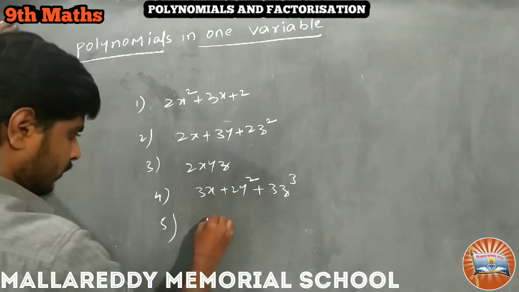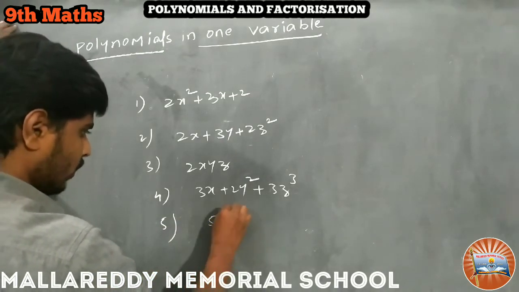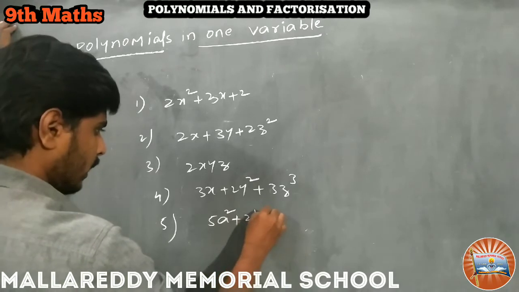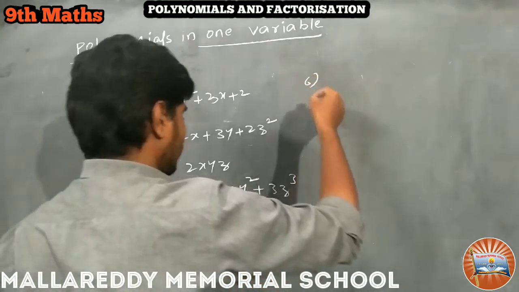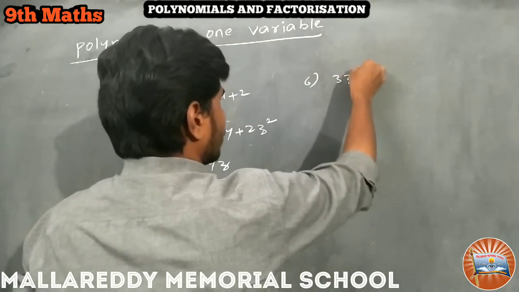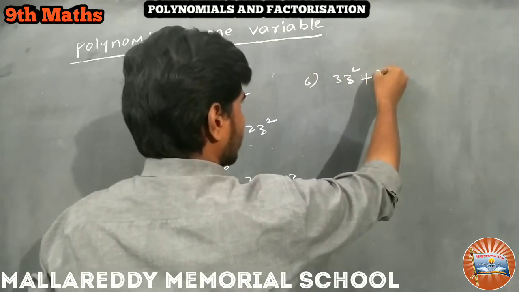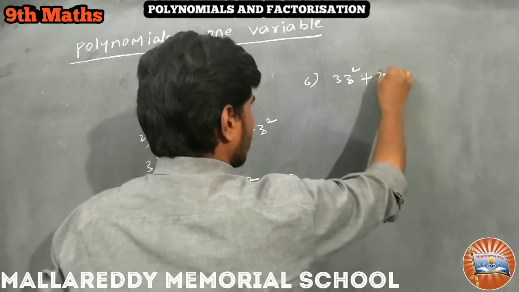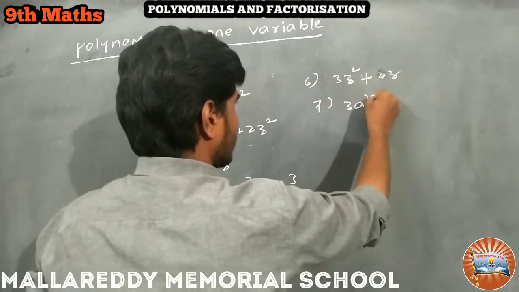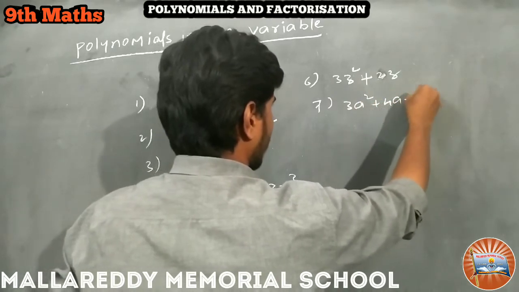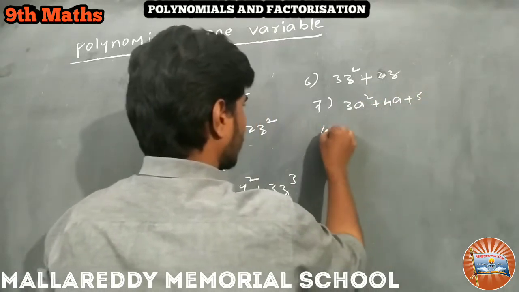Next, 5a square plus 2b cube plus 3. Next, 3z square plus 2z. 3a square plus 4a plus 5.